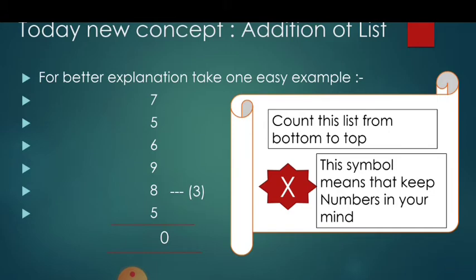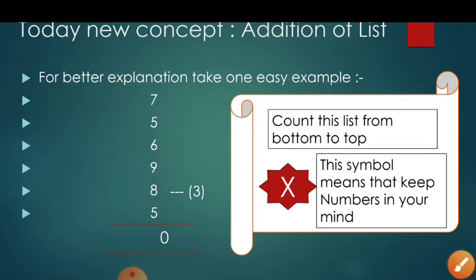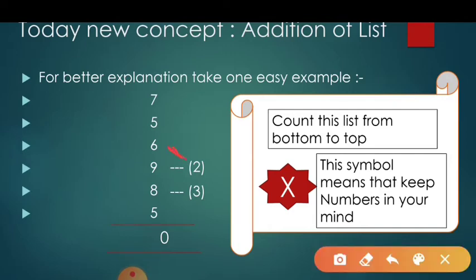The addition of 9 and 3 gives 12, two digits. Now forget 1. Put a dash after 9 and remember 2. Now add 6 and 2. The answer comes 8.